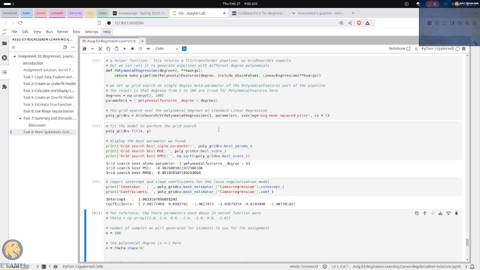We're not specifying any regularization or any meta parameters when we create the linear regression for the grid search here. So the only thing that's really being varied is the degree of the polynomial.